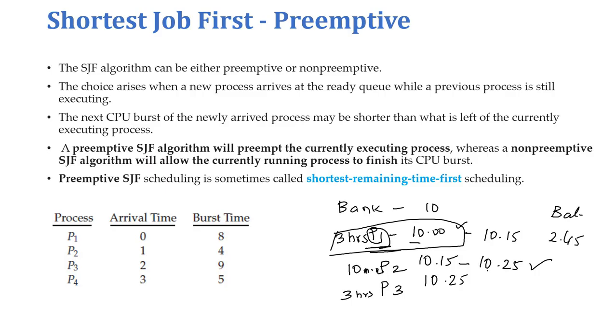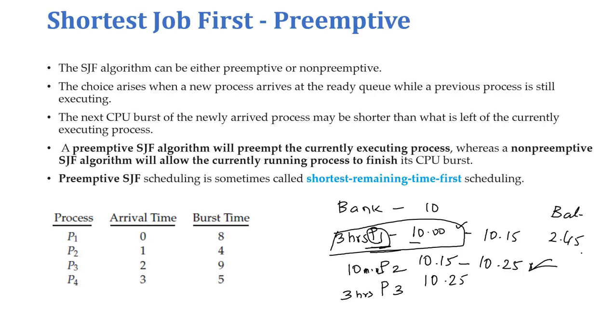P2 came, finished his work and left the bank. Now there are person 1 and person 3. Person 3 needs 3 hours to complete his job, and person 1 needs 2 hours 45 minutes.